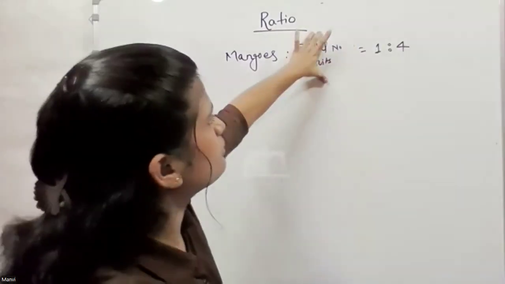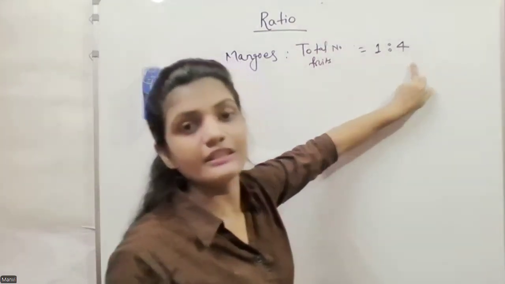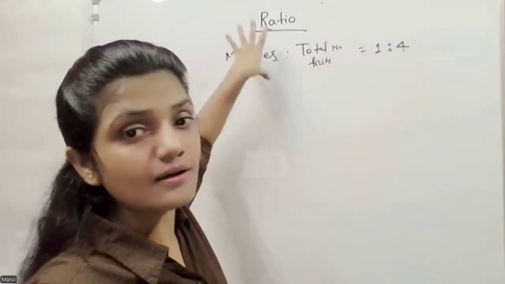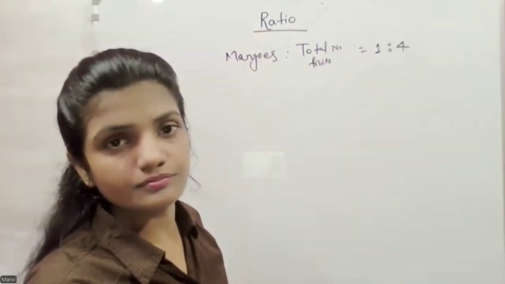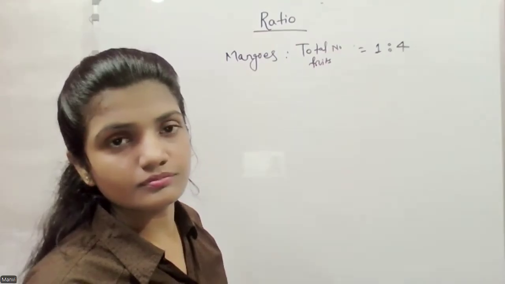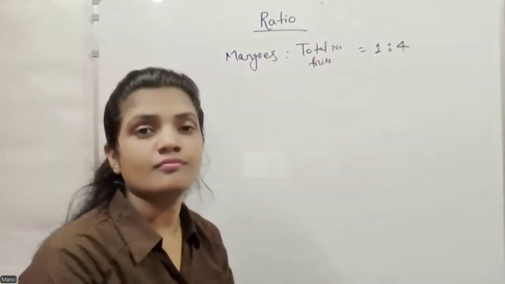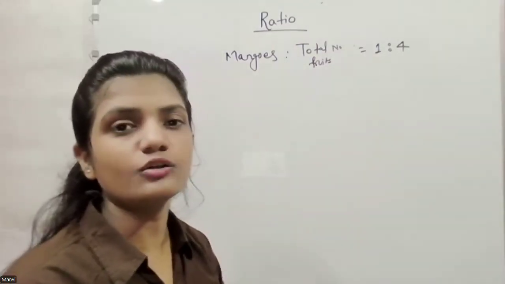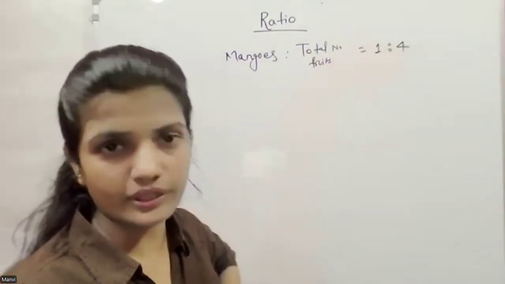Mango ratio total number of fruit will be 1:4. Yeah. Now we need to calculate what is the percentage of mangoes here. They already give us the mango to total number of fruit. The ratio will be 1:4. Yeah. Okay.